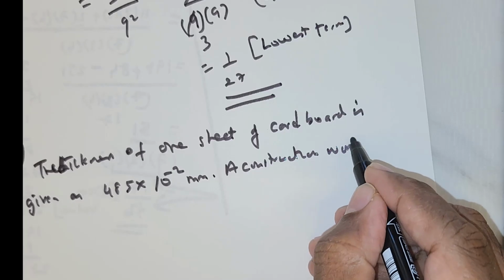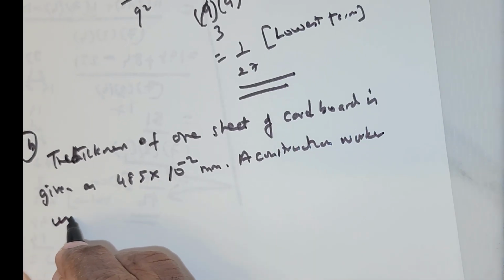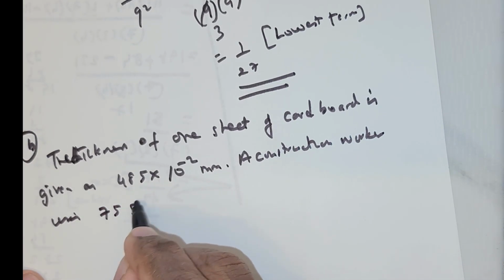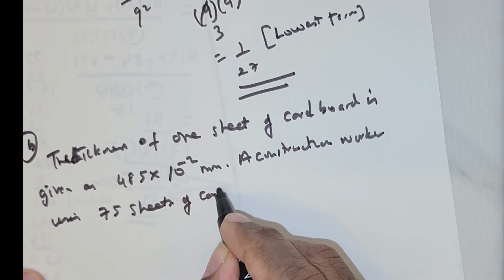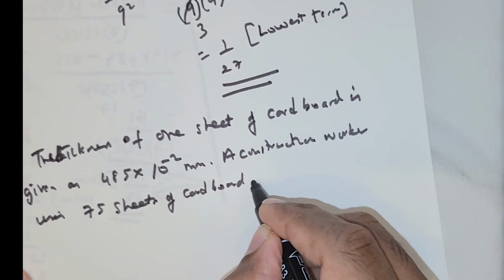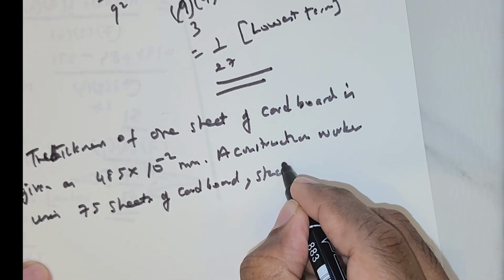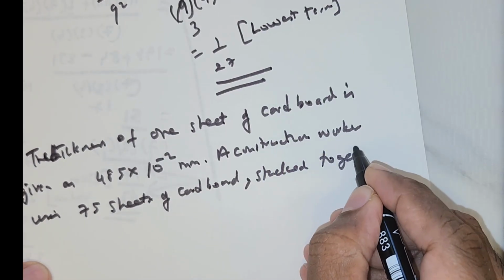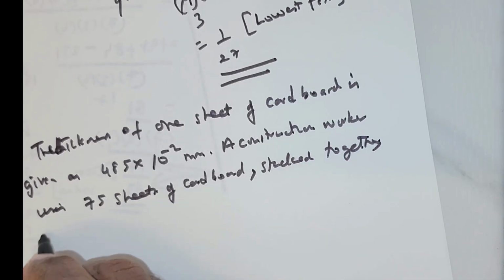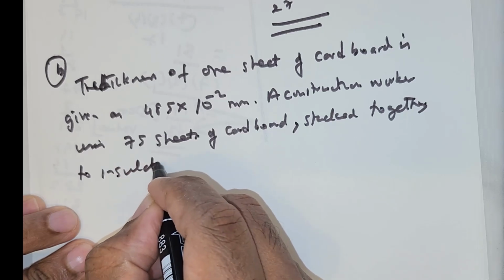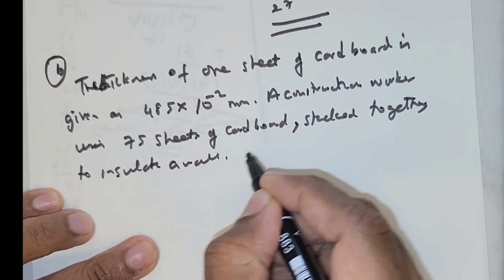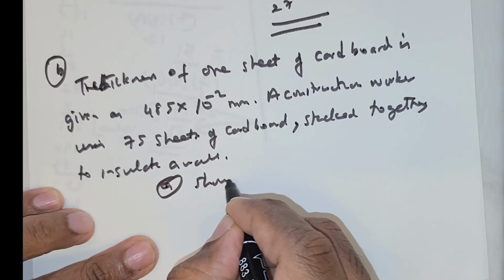A construction worker uses 75 sheets of cardboard stacked together to insulate a wall.